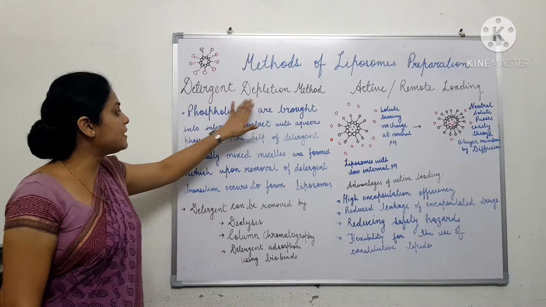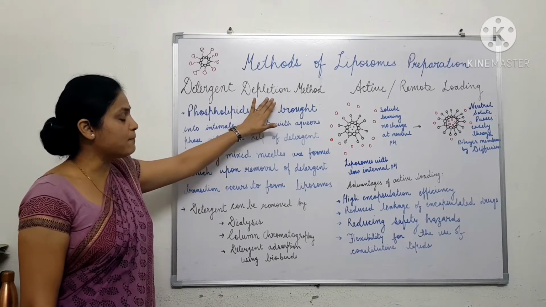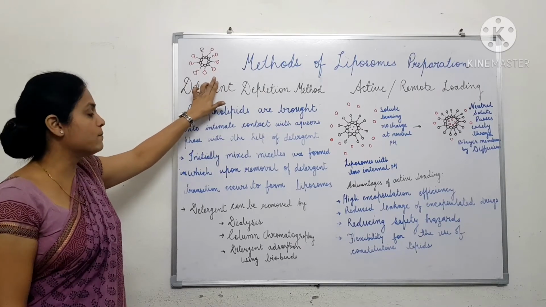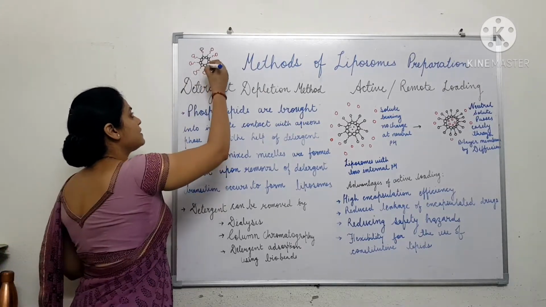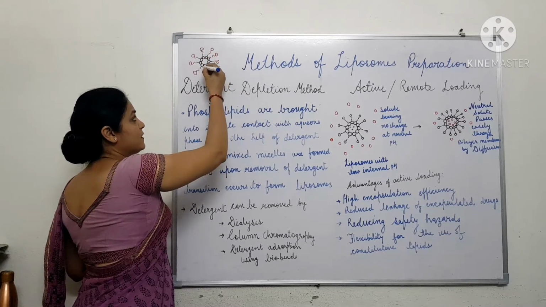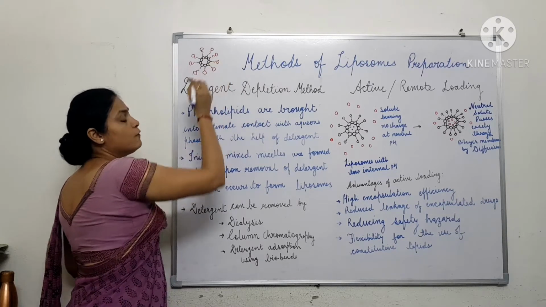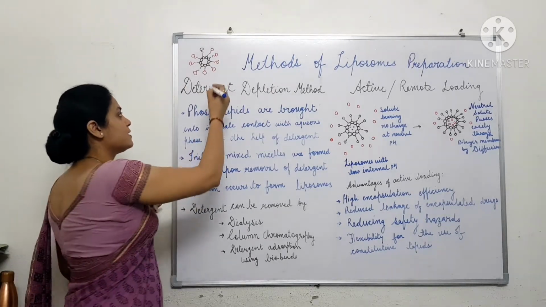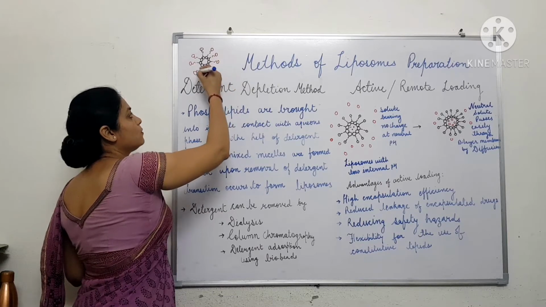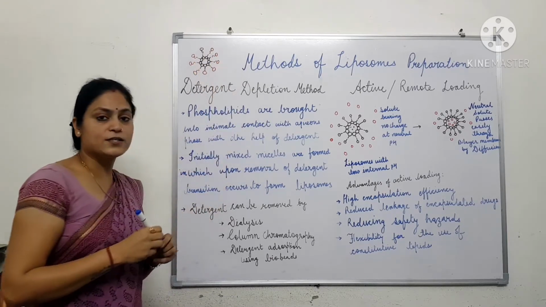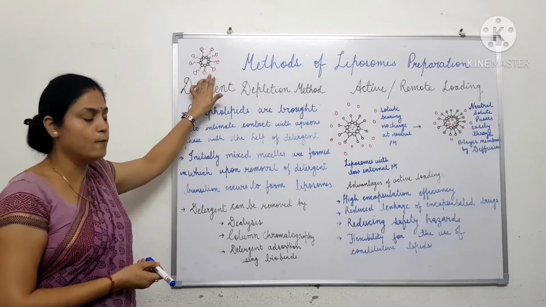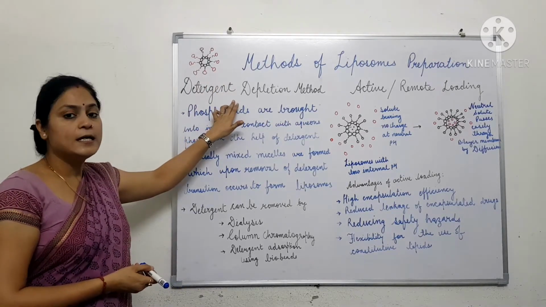So in the detergent depletion technique, the first step is the formation of mixed micelles. In these mixed micelles, the inner leaflet comprises a phospholipid monolayer, which is stabilized by the outer layer of surfactant or detergent molecules. So this type of mixed micelle is formed in the detergent depletion technique.